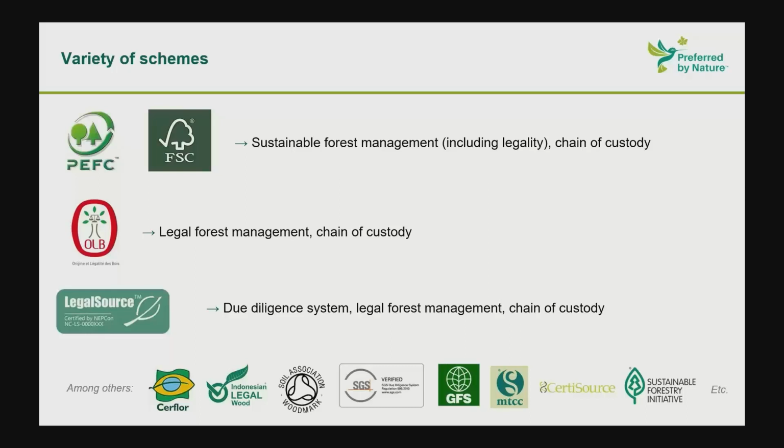You can have also other schemes such as Legal Source, which is our preferred by nature scheme, which is a certification of due diligence processes in place, and it also includes legality, and it can also certify legal forest management, and also with a chain of custody process in place. And then you have also others that are out there.